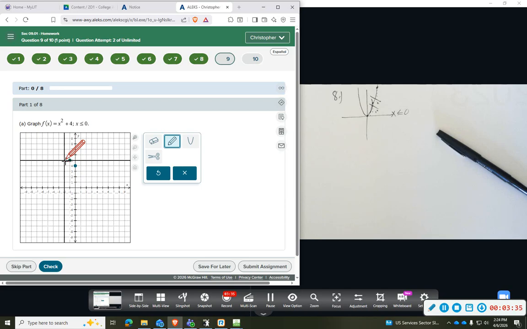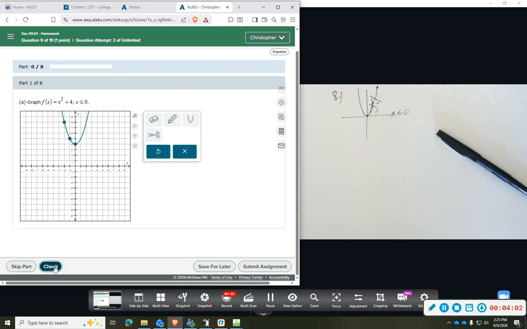And then you go left 1 and up 3, 1, 2, 3, you'll get that point, and so forth and so on. All right. So now that I have a few points plotted, I'm going to tell it parabola. You put the vertex down, and then it said curve opens up, so it's opening up because it's positive, and then you just take it through another point, so we get this graph.